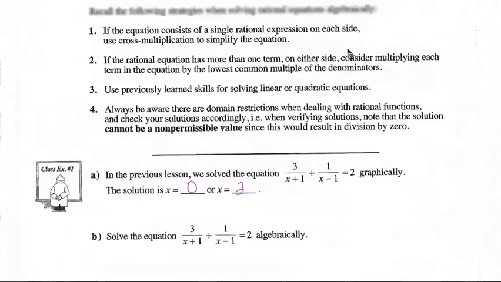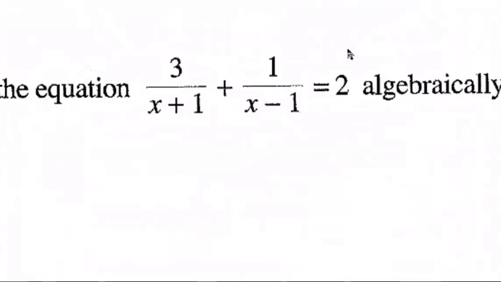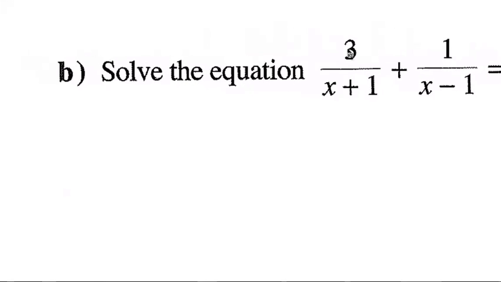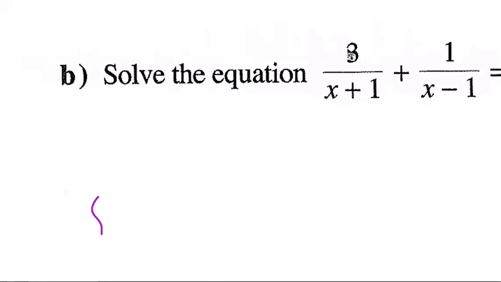So solving algebraically, remember our process: get everything on the same common denominator, then cancel off the denominator and solve for x, remembering our non-permissible values.